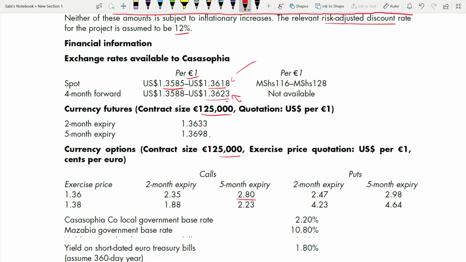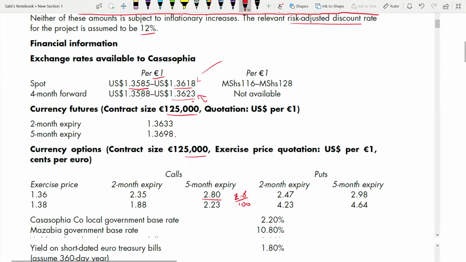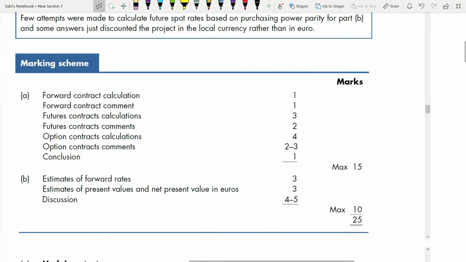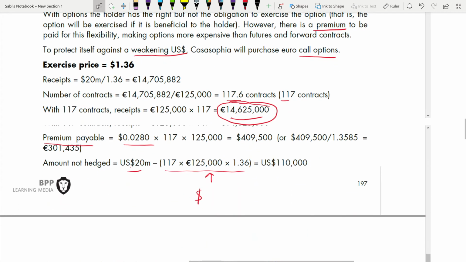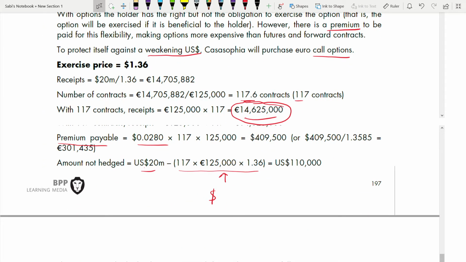That means 2.8 divided by 100. Always whenever you take premium, it will be divided by 100 only. So 2.8 divided by 100, you are getting 0.028. Okay, multiply it. And the premium which you are getting, this is in dollar. Even though these are in euro, still this is in dollar, so your premium becomes in dollar.